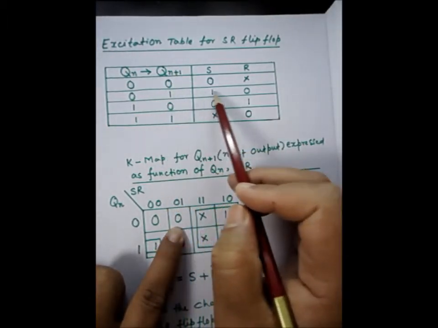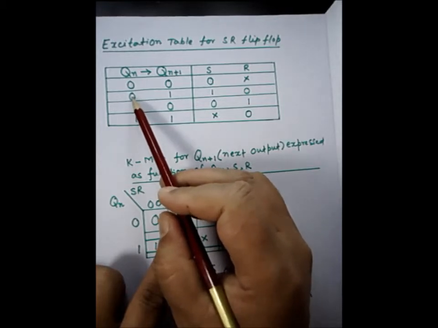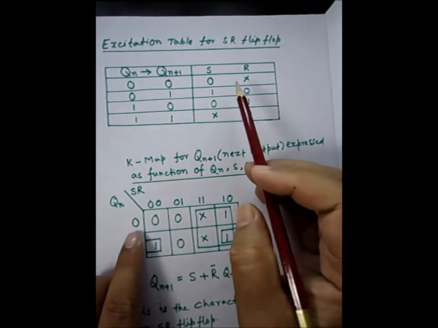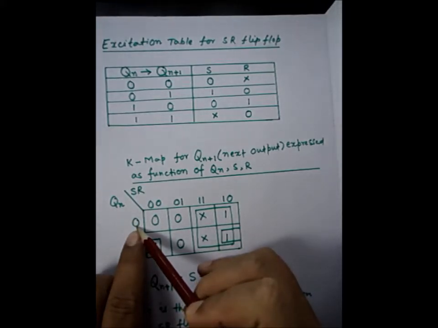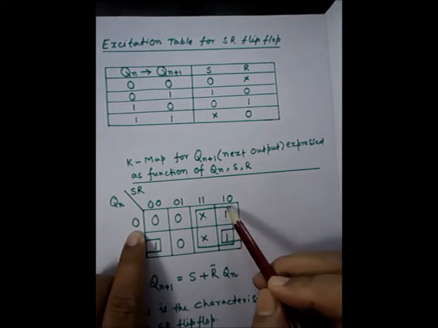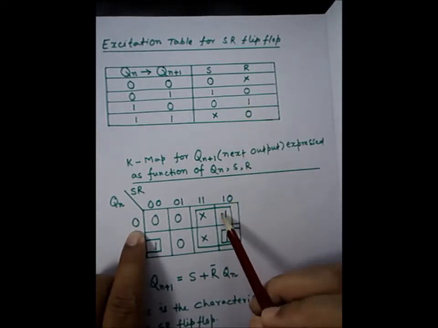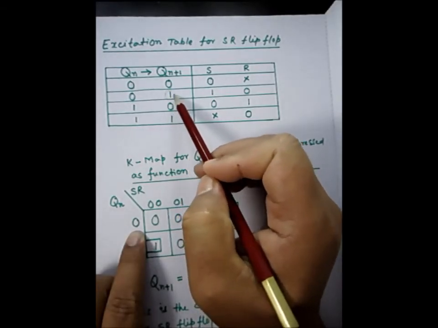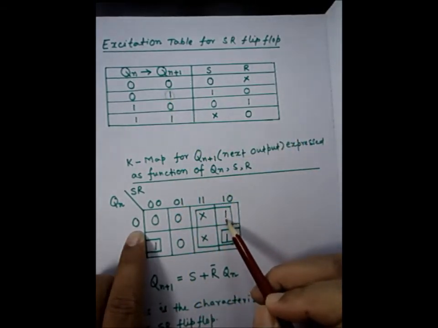In the second row, you can see Qn equal to 0, S equal to 1, R equal to 0. That is this block, and in this case the output Qn plus 1 is 1. Therefore, we put 1 here.